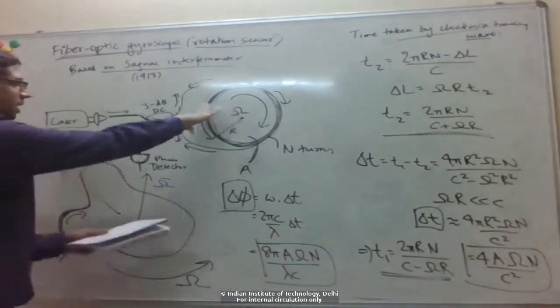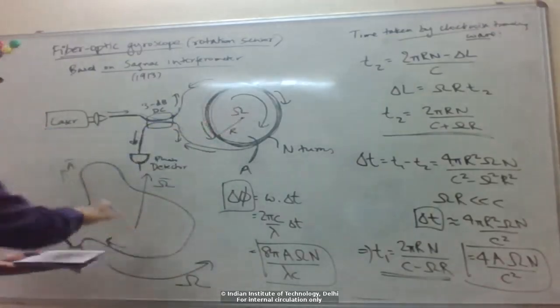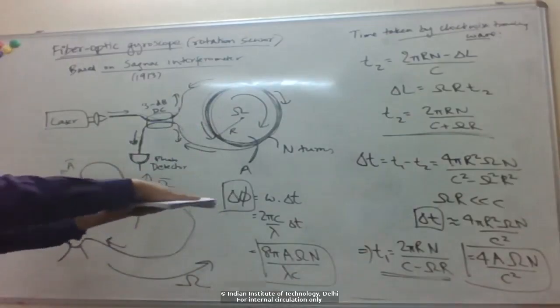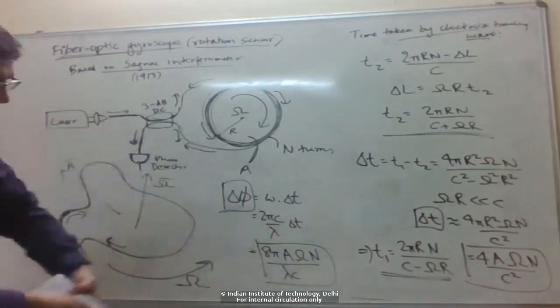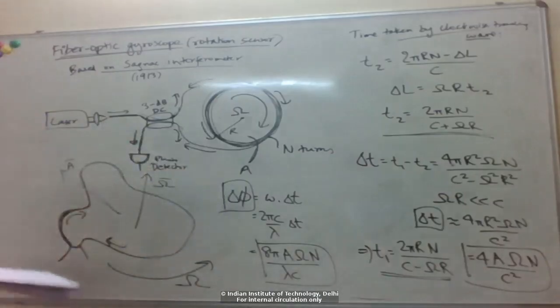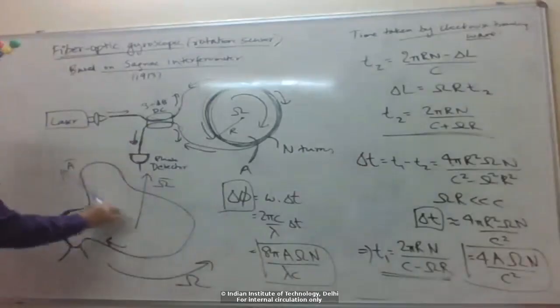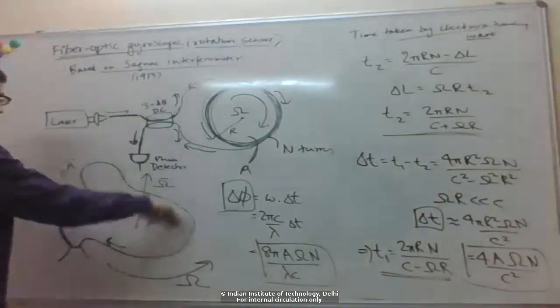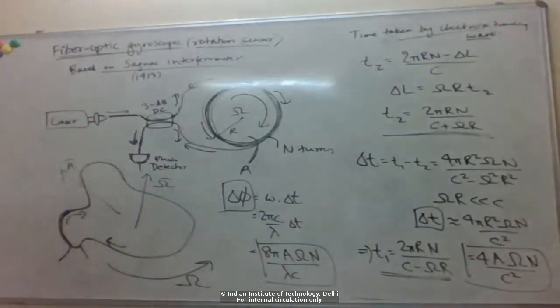So where we placed our fiber loop or interferometer, that's in some plane, and then you have some rotation in some other plane, right? So they need not be the same plane. So there could be some angle between the area vector and the rotation. So the angle between the plane of rotation and the plane where the light is traveling.